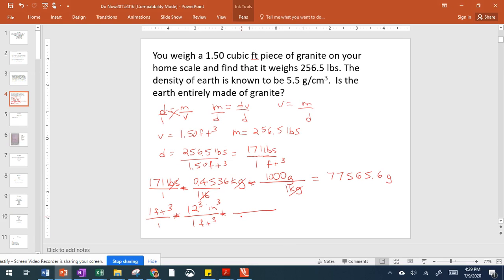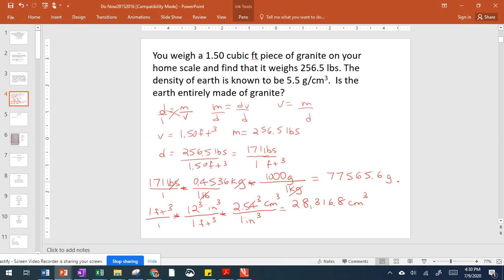So we have 1 inch cubed and 2.54 cubed centimeters cubed. And then we're going to solve. So we have 12 to the third times 2.54 to the third. This is going to give us 28,316.8 centimeters cubed.